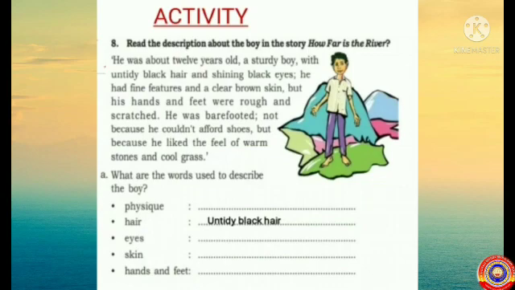Here, untidy black hair is the word that is used to describe the boy's hair. With the help of this example, you have to identify the rest of it. Students, this is homework for you. All of you write it in the text using a pencil. And we will discuss this activity in the online class. So all of you read the text thoroughly and attend the next online class.